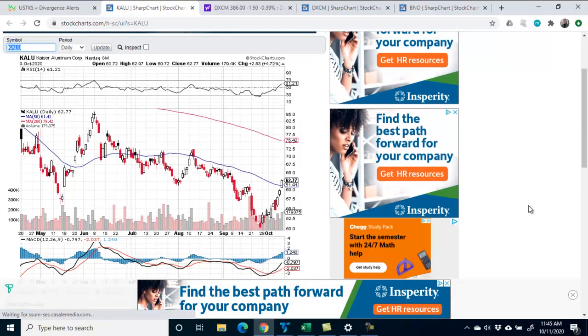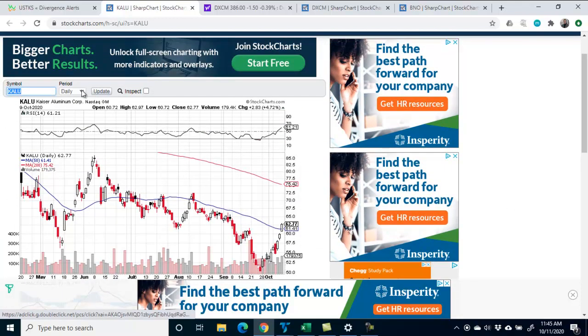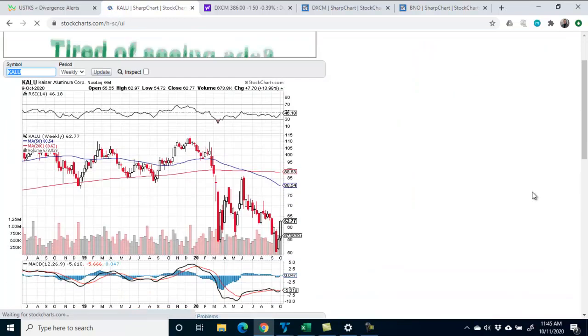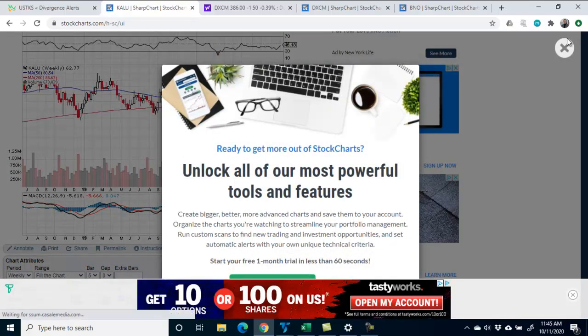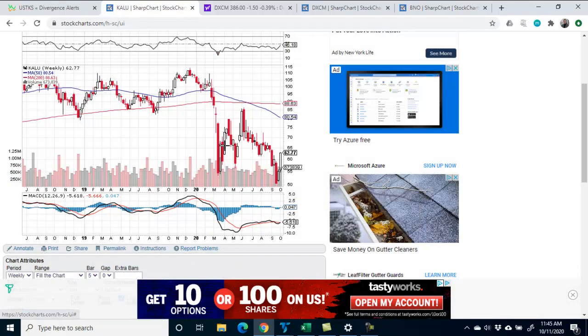So we can change the stock charts over to weekly. So we can have a look at the MACD divergence, a nice add-on on the weekly charts.